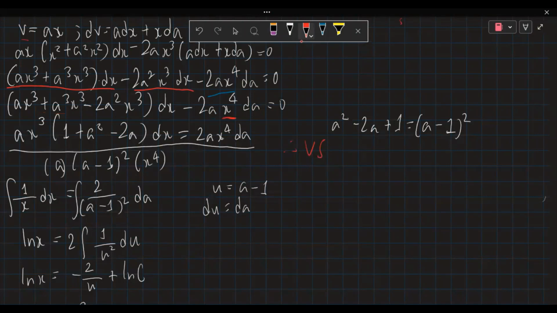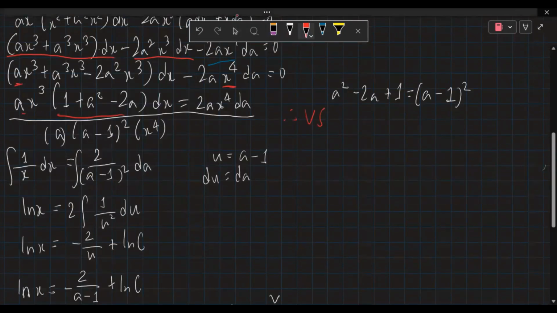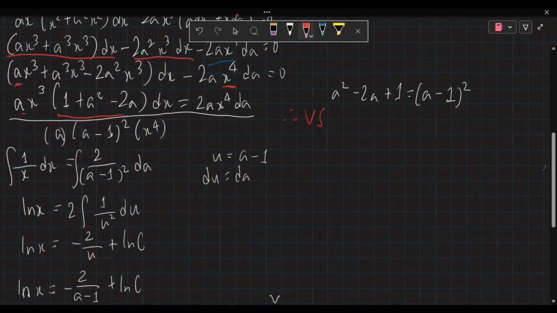And then we have a minus 1 squared, which is 1 plus a squared plus 2a. So we divide accordingly, and then we can see that the x to the power of 3 cancels here. So this becomes 1, basically. The a cancels here, the a cancels here. And then, that's it.